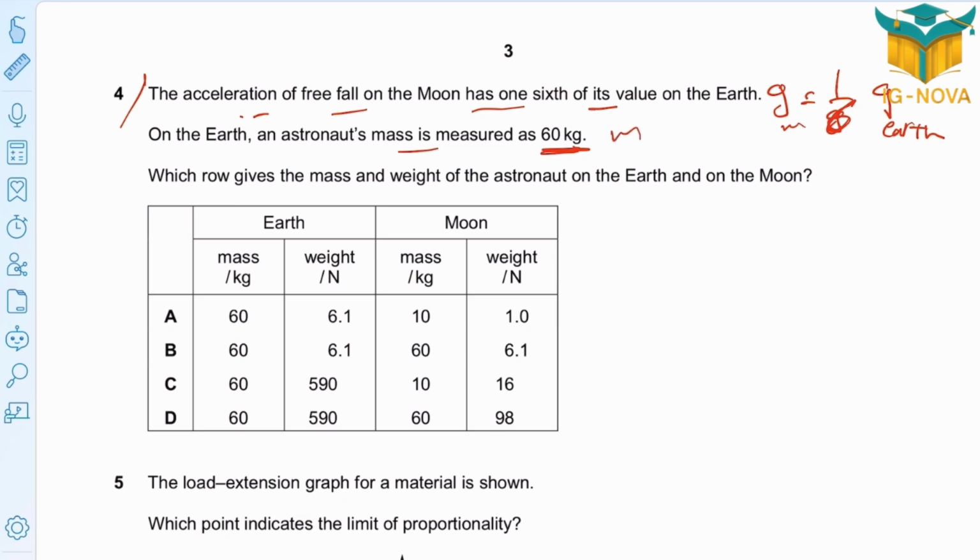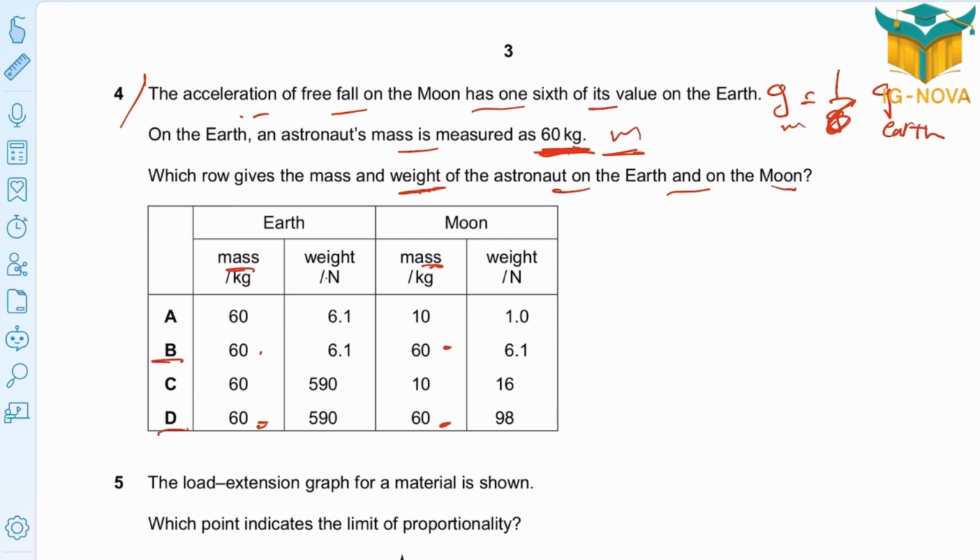Which row gives the mass and weight of the astronaut on Earth and on the moon? For the mass, as it's 60, it doesn't change on Earth, on the moon, or on any other planet. So mass is constant: it's 60 here and 60 here. So maybe option B or D.